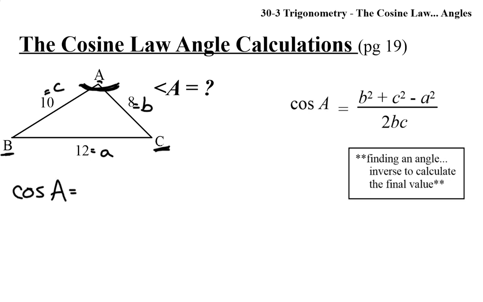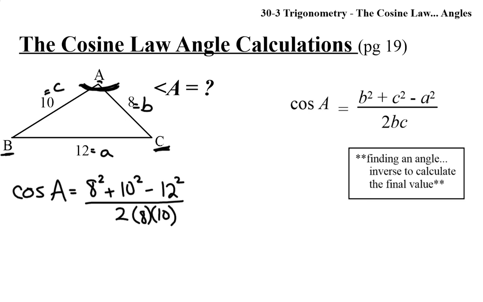So we end up with cosine A is b squared plus c squared minus a squared, and all of that has to go over 2 times b times c.